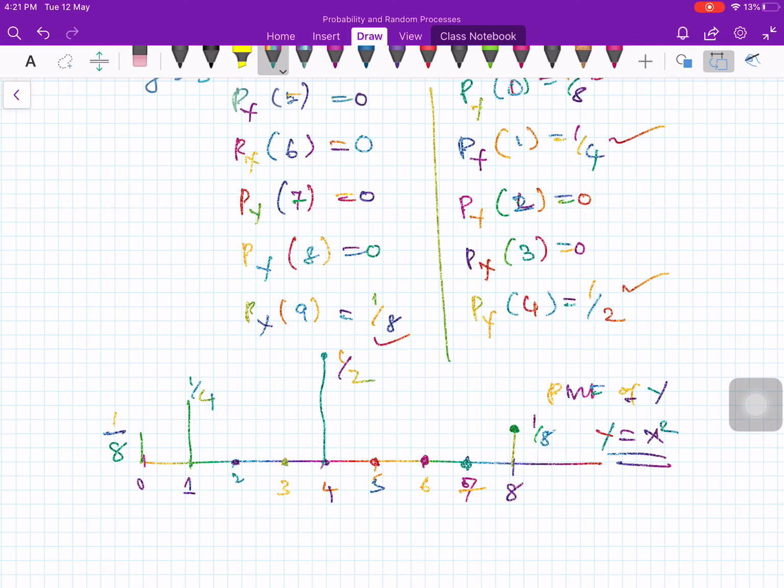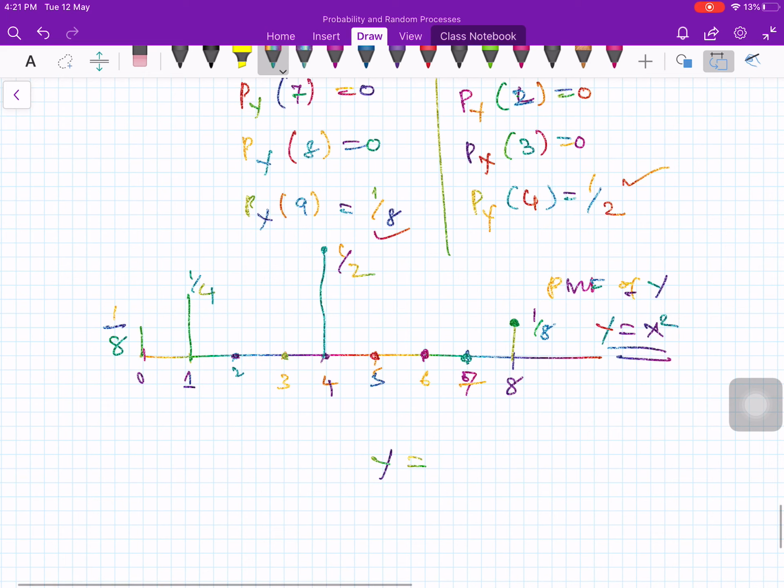So like this you can think of lots of random variables, lots of functions, and you can cook up problems on your own. You can think of lots of cases where your random variable of interest is created by taking some other random variables and taking a function of them. For example, you can take y equal to x cubed.